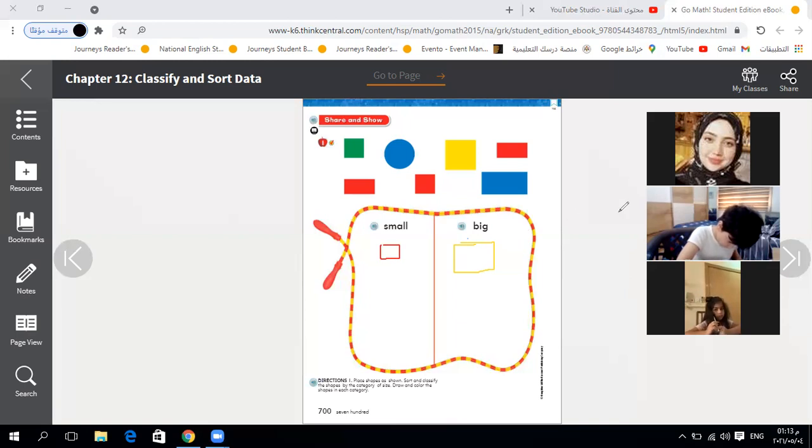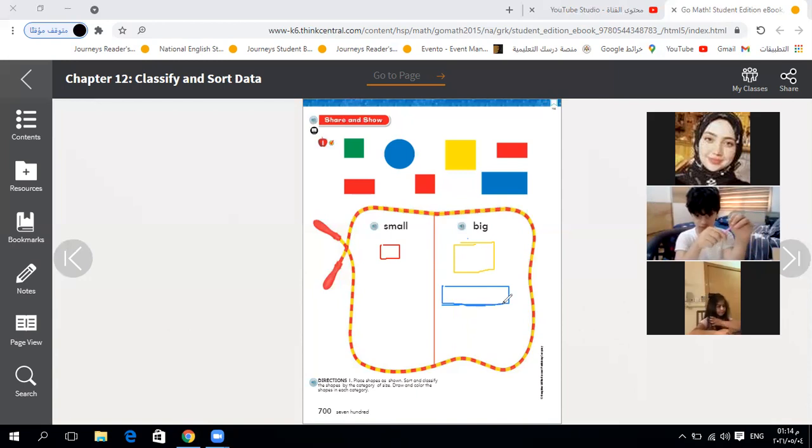Yes, Amir, look at the rectangle shapes. Can you tell me which rectangle is big? The blue, bravo. And which rectangle is small? Red. Bravo. How many red rectangles do we have? Two.